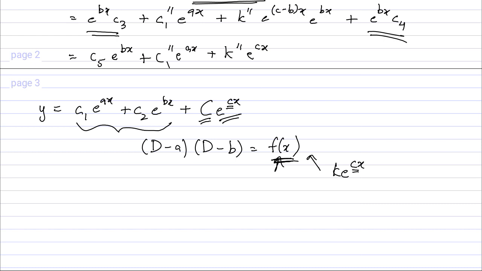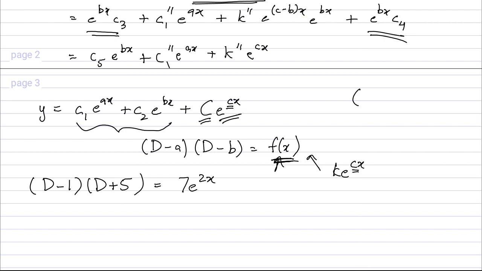So for example, suppose you have (D minus 1)(D plus 5) y is equal to 7 e raised to power 2x. But before you start blindly trying out your guess, check that the conditions are met.